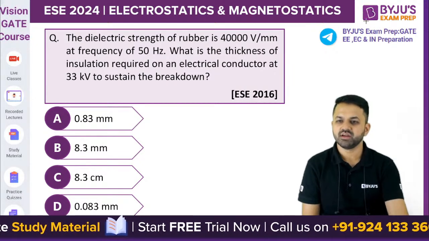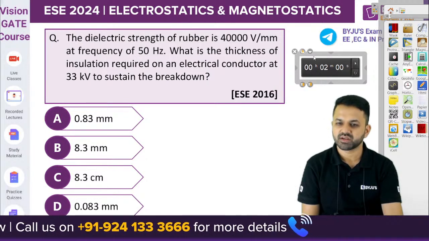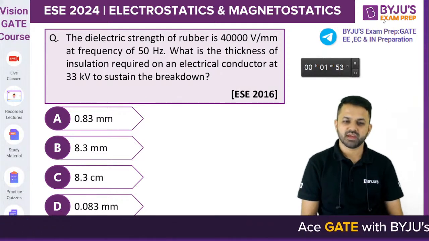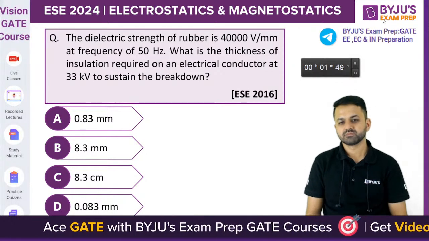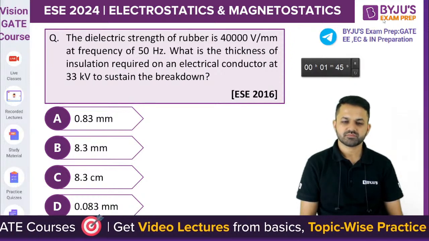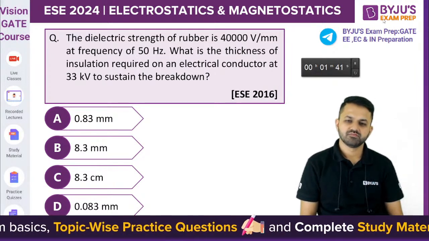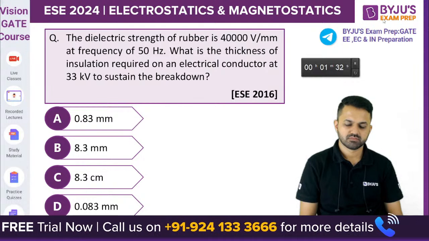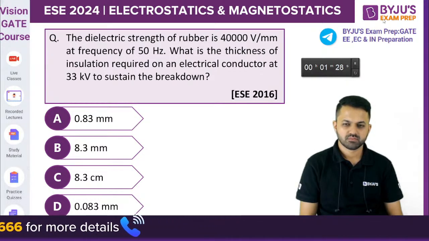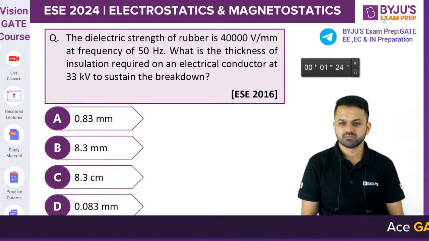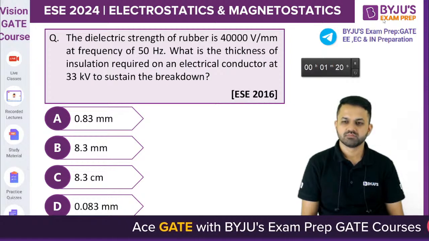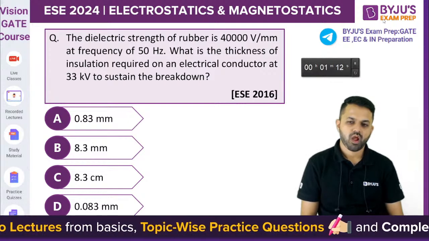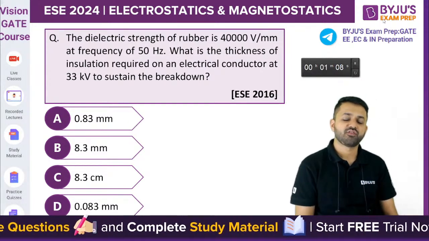The insulation should sustain 33 kilovolt without breakdown. The dielectric strength of rubber is given.